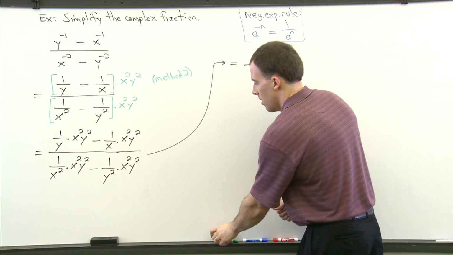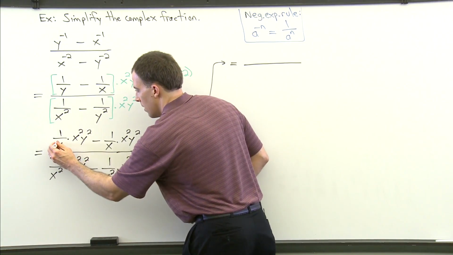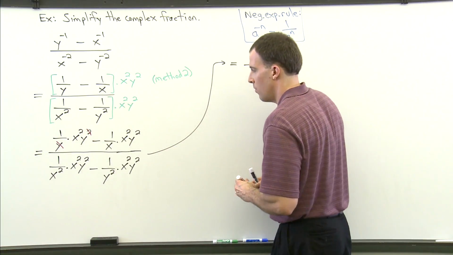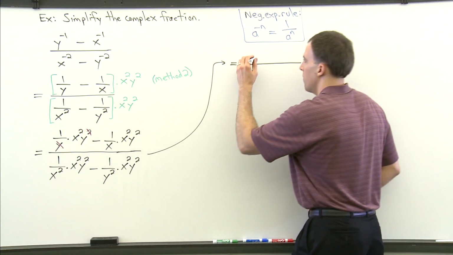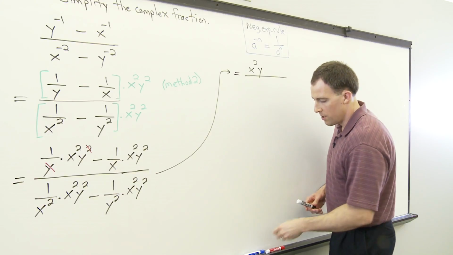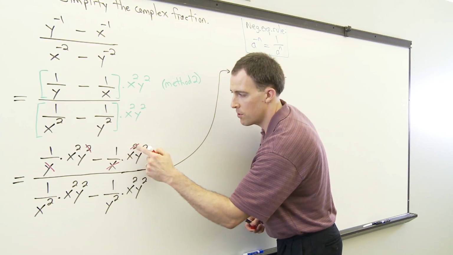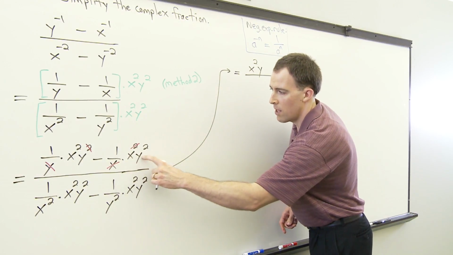Let's do some reducing. So this y in the denominator underneath the 1 can reduce with one of these y's. I'm just going to cross off the squared to show that there's one y left. So we have x squared y as the first term in the numerator. As for the second term, we can cancel this x with one of these x's, but I'm going to show it by crossing off the squared from the x. So we have a single x left and a y squared.